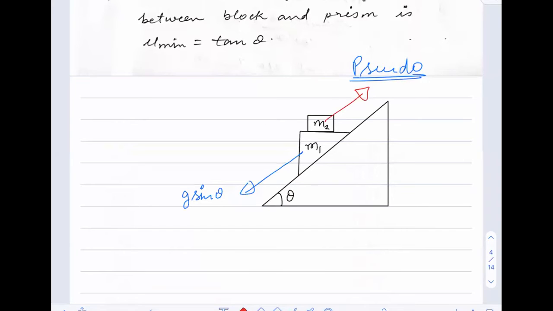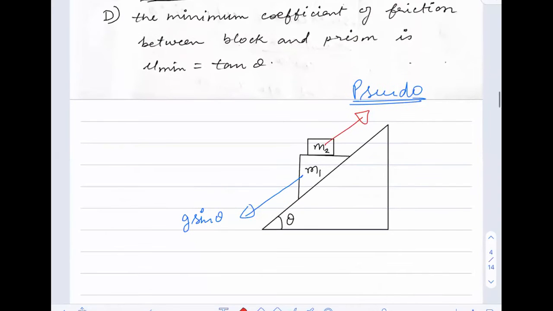So now the value of this will be m2 g sine theta. Now I can break this m2 g sine theta into two components, along the x-axis and along the y-axis. Along the x-axis, this will also be theta angle, so I can write it as m2 g sine theta into cos theta.